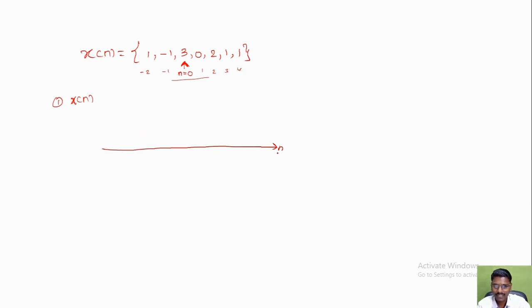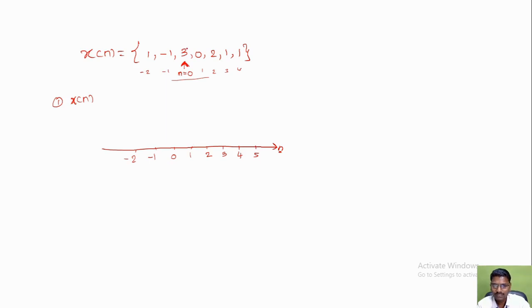If it is discrete, I need to represent the signal by small n. So it starts from -2, -1, 0, 1, 2, 3, 4 and 5. These are all my discrete sample numbers.